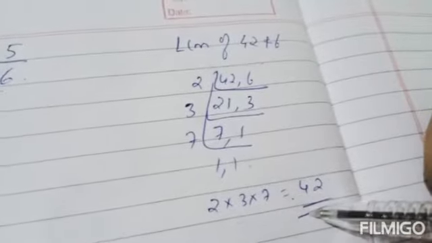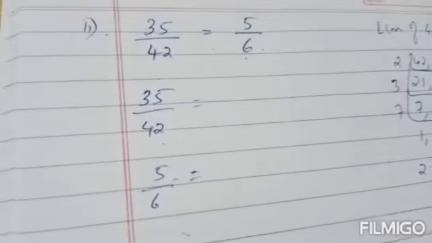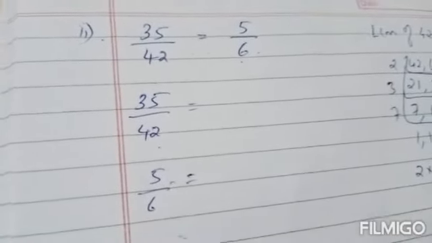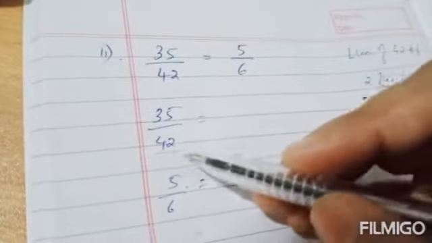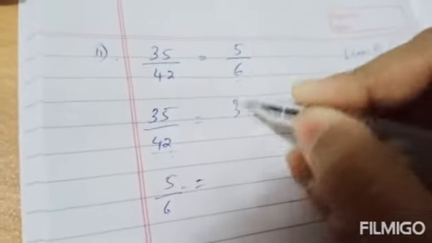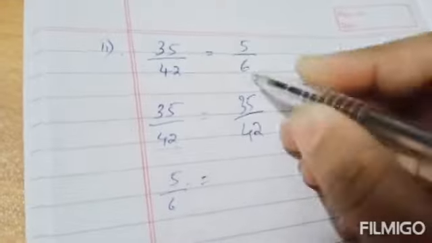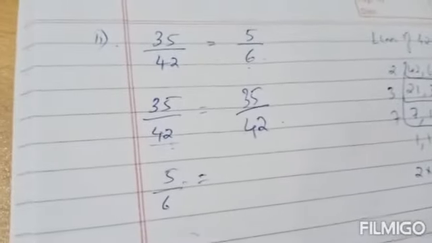Now the given fractions 35/42 and 5/6, make their denominators equal to the LCM, that is 42. In the first fraction the denominator is 42 itself, so you can write 35/42. അതിനെ ചേഞ്ച് ചെയ്യേണ്ട ആവശ്യമില്ല, ഡിനോമിനേറ്റർ LCMനോട് ഈക്വൽ ആണ്.